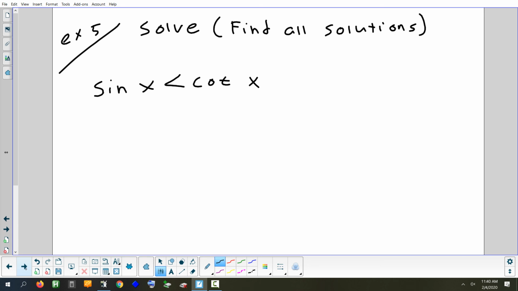Now, we can do it like that, or we can get it with 0 on one side. We've been doing 0 all class, so I'm going to keep doing it that way. If I want to do it that way, how would you put cotangent on the left?